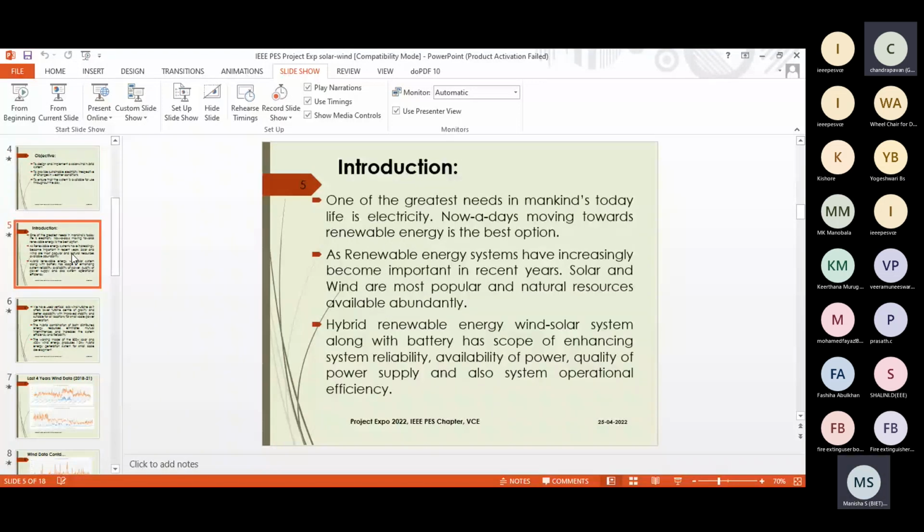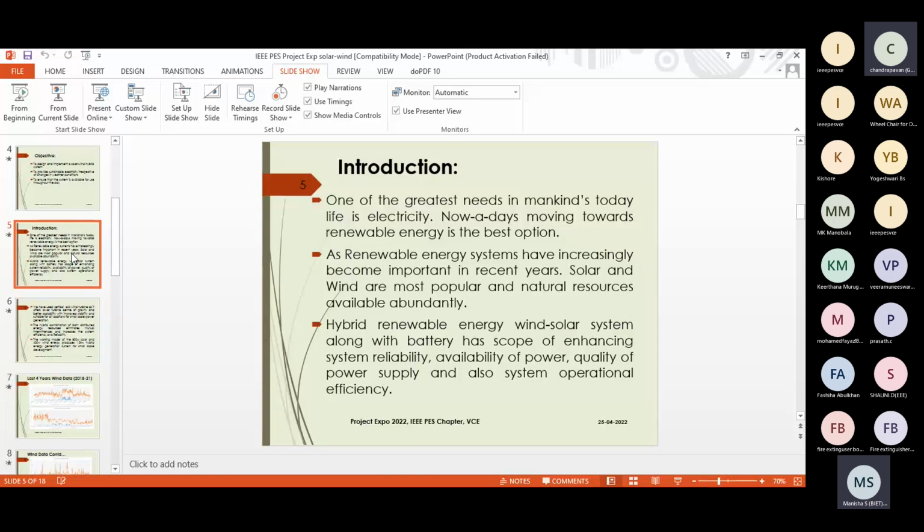As Shagufta has explained our objectives, the main objective of our project is to implement the solar wind hybrid systems in our college. Coming to the introduction, with the growing technology and growing population, demand for electricity has increased day by day. The best option is moving towards renewable energy because it has some advantages over conventional non-renewable energy sources.